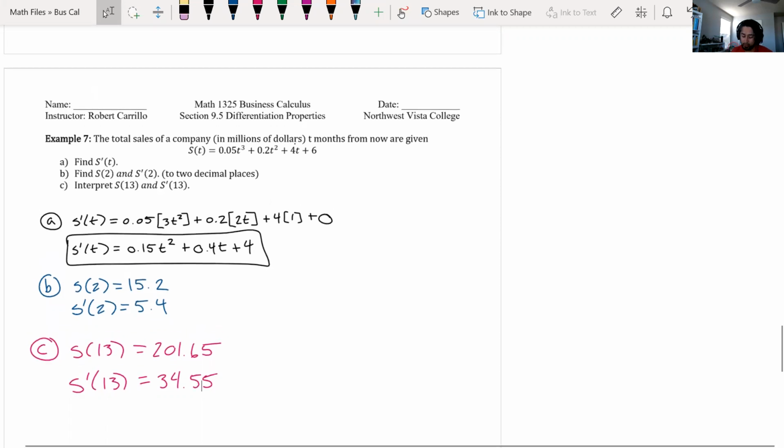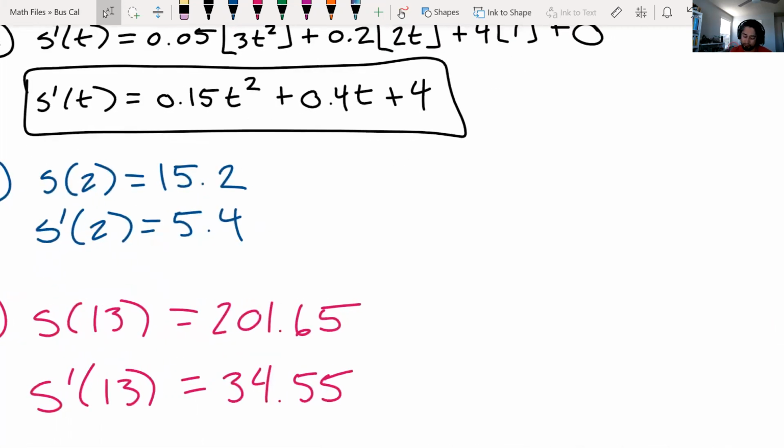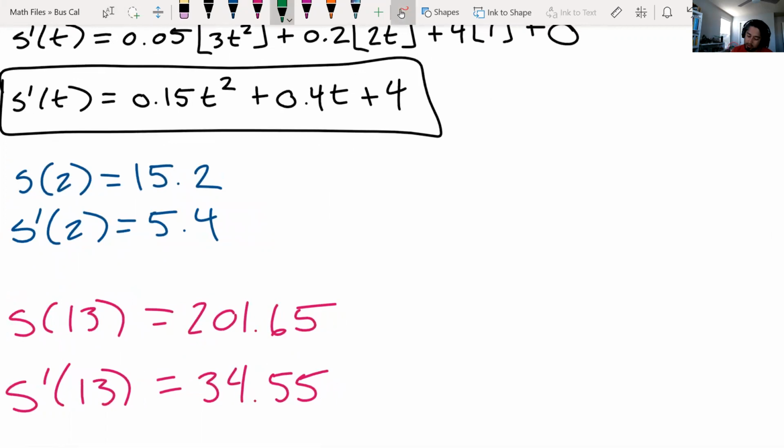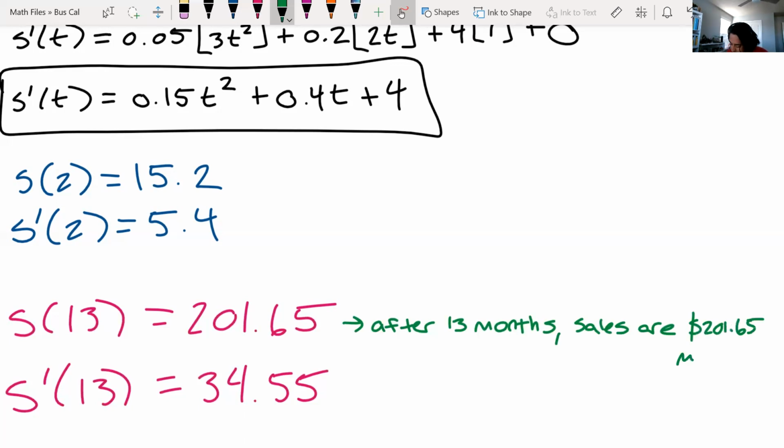So for our first answer, this says that after 13 months, we will have made how many millions of dollars? 201.65. That's it. Sales are 201.65 million.